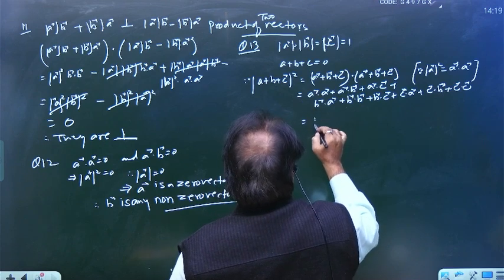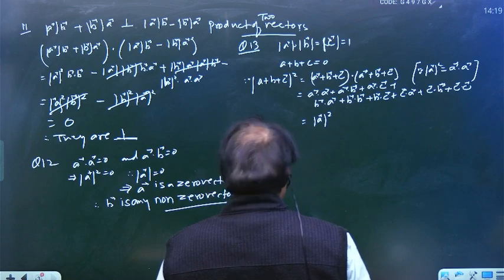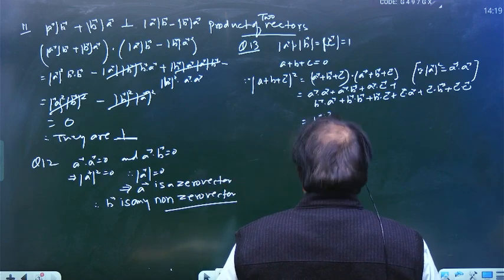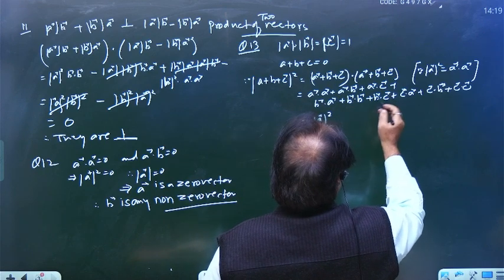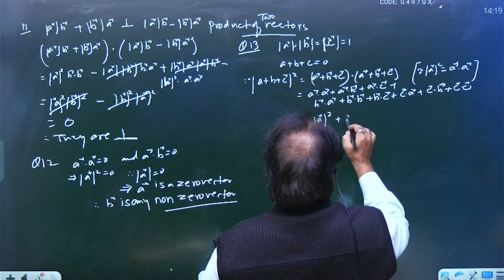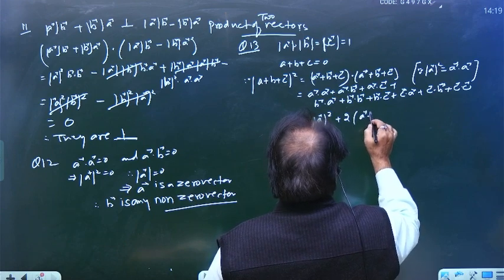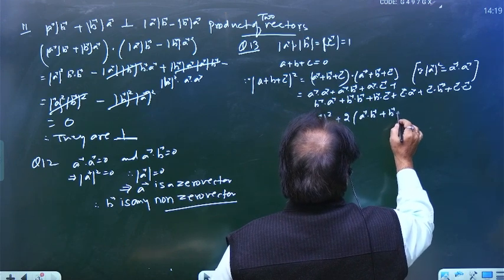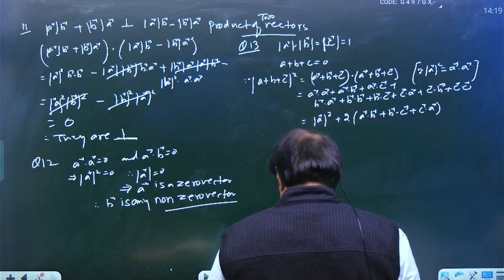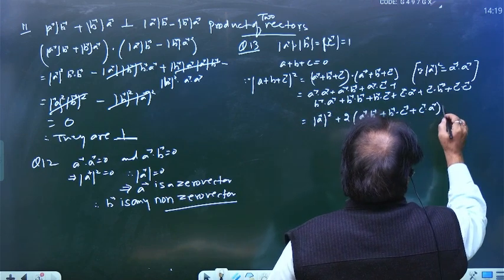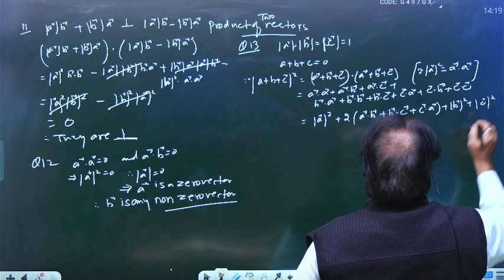So this is magnitude of A square, and A dot B and B dot A twice, and A dot C. So plus twice of (A dot B plus B dot C plus C dot A), and plus magnitude of B square plus magnitude of C square.